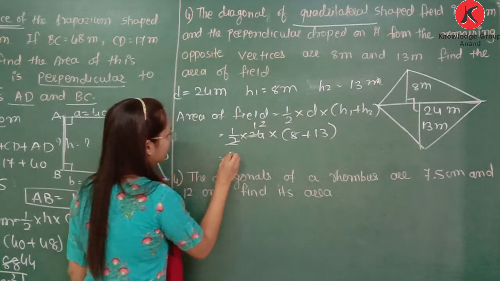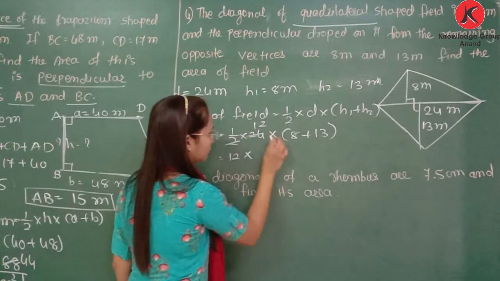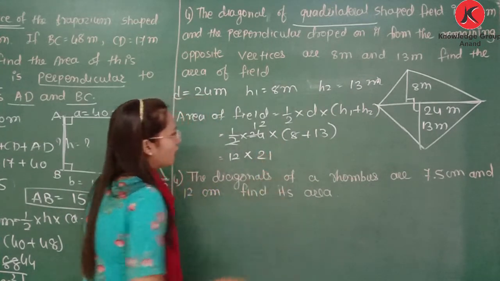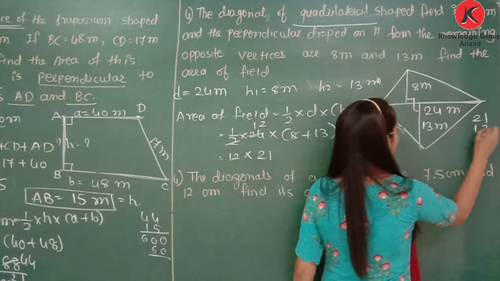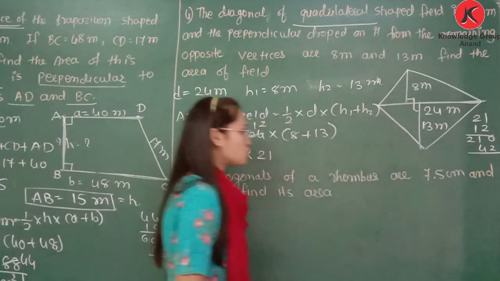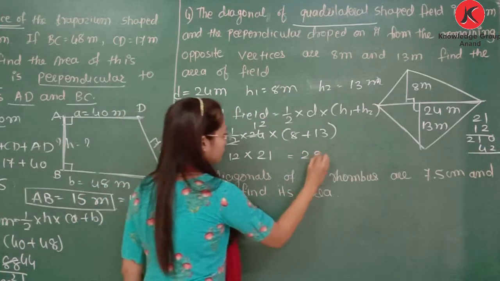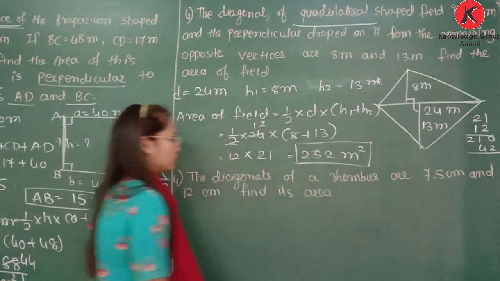So 12. Now 8 plus 13 is 21. Now multiply 12 with 21. So that is 252 meters square. That is the area of it.